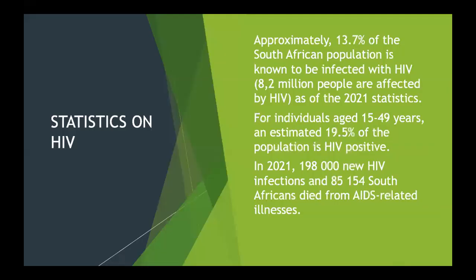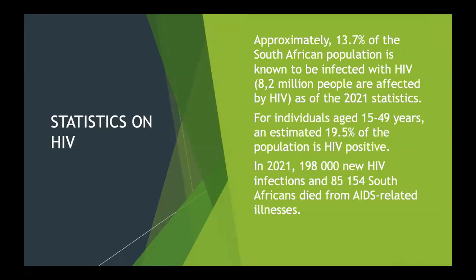Right, so some of the statistics on HIV in South Africa. Approximately 13.7% of the South African population is known to be infected with HIV. That's about 8.2 million people who are affected by HIV in South Africa. These stats are of 2021.